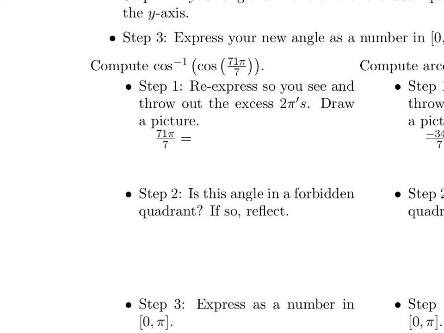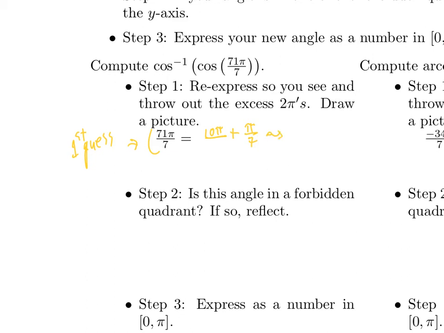So the initial guess would be 71 pi over 7. But you can see automatically that that is definitely not between 0 and pi. So I'll throw out all the extra 2 pi's that I can. So just like before, you would rewrite that as 10 pi plus pi over 7.